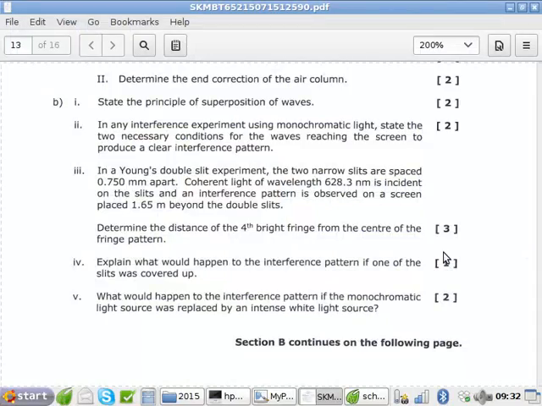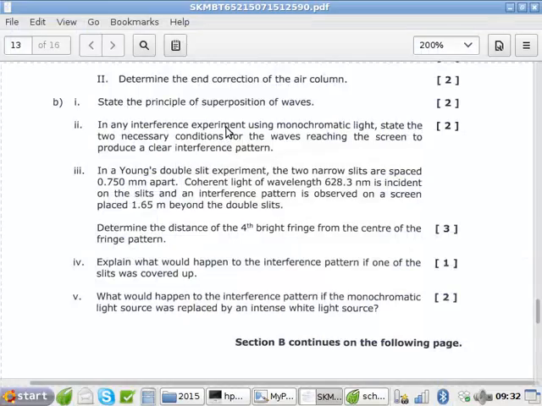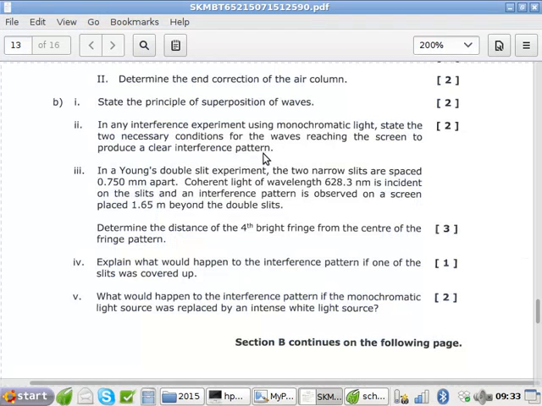Young's double slit experiment, the two narrow slits are spaced 0.75 millimeters apart. Okay, so let's draw the picture. There's Young's double slit. The d here is 0.75 millimeters.